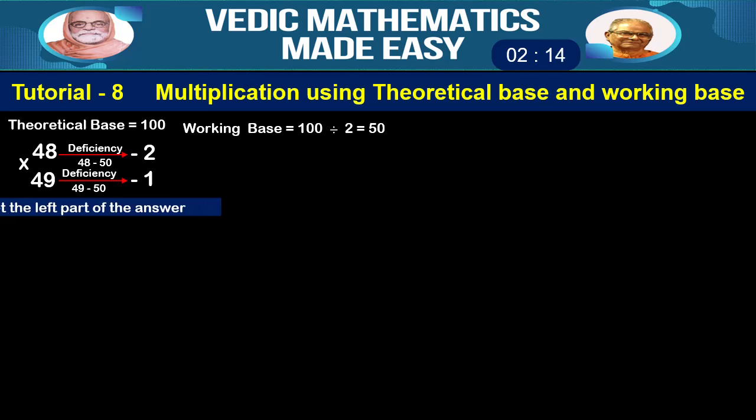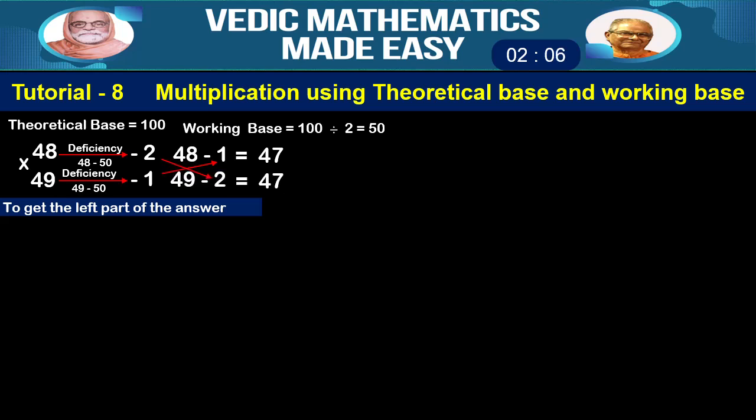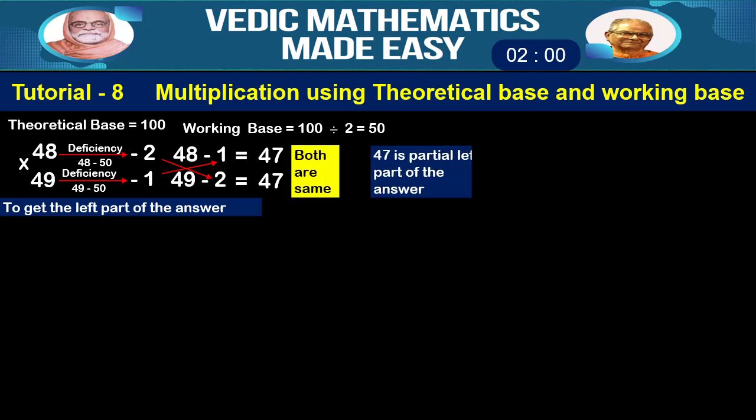To get the left part of the answer, 48 minus 1 is equal to 47 and 49 minus 2 also is equal to 47. Both are same. 47 is the partial left part of the answer.